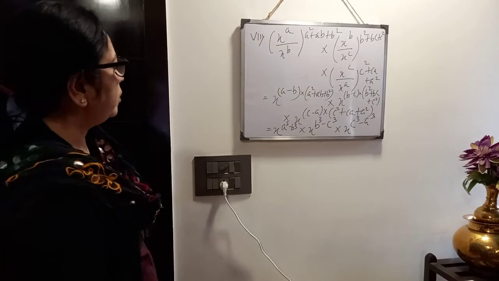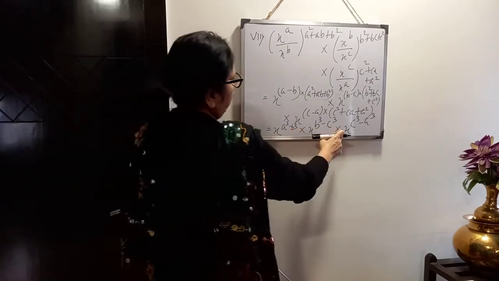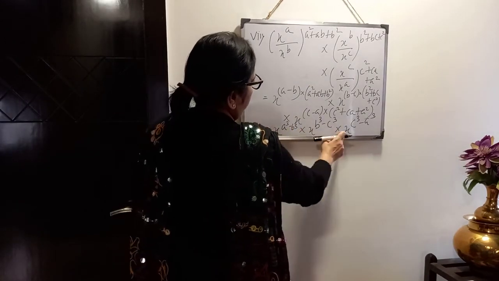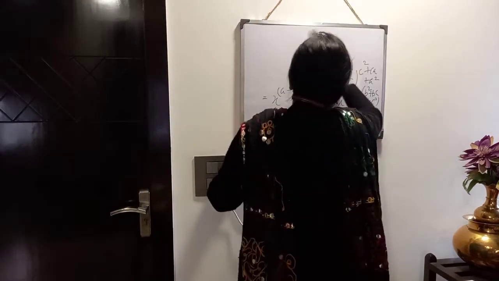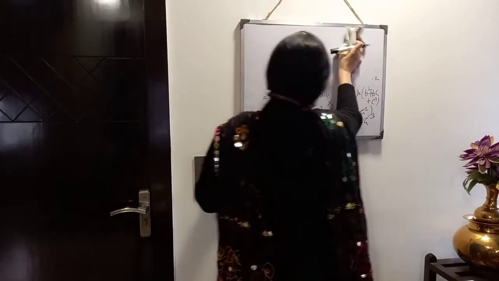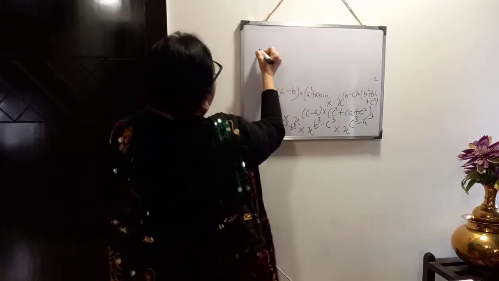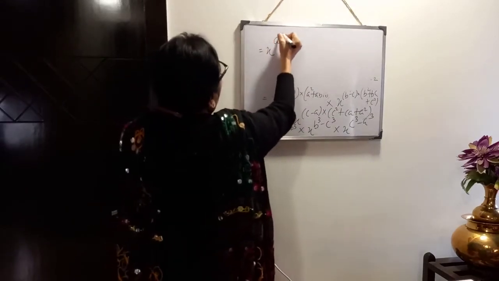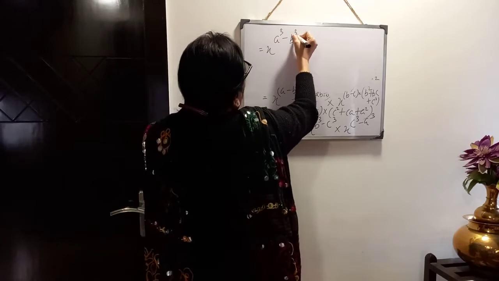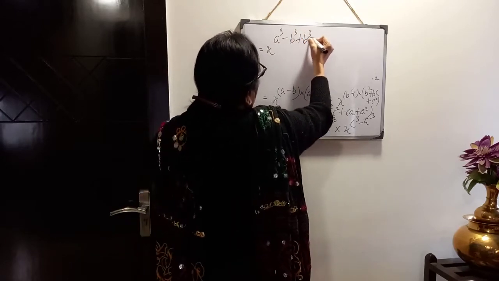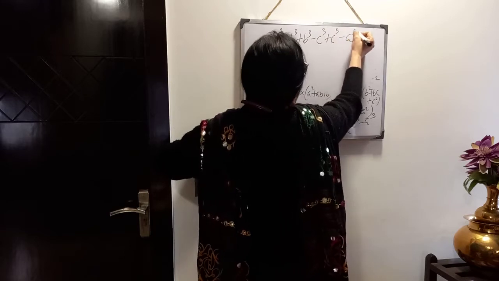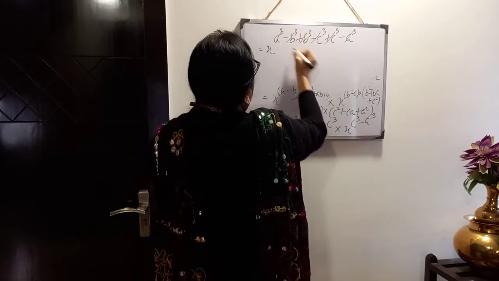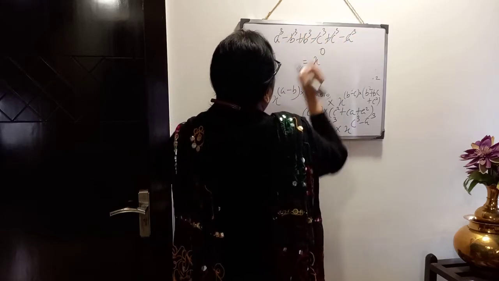Now again you are seeing that there is multiplication, base same, so we can add the powers. So again we will add, base same, so powers will be added, a cube minus b cube plus b cube minus c cube plus c cube minus a cube. Now everything is cancelled out, it is becoming x to the power 0.